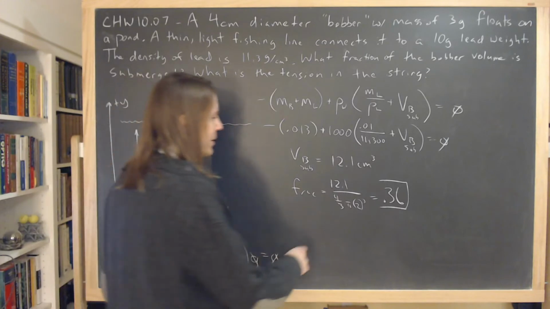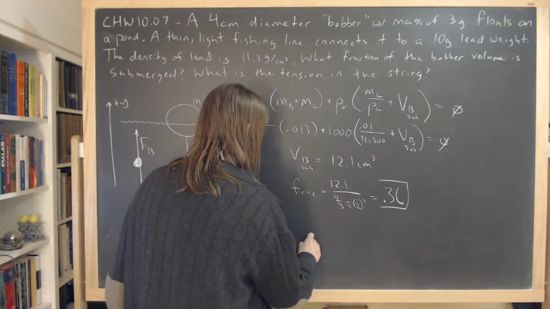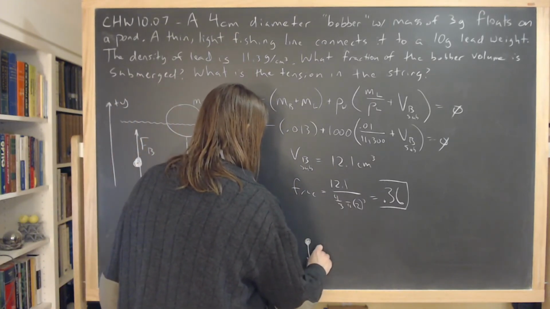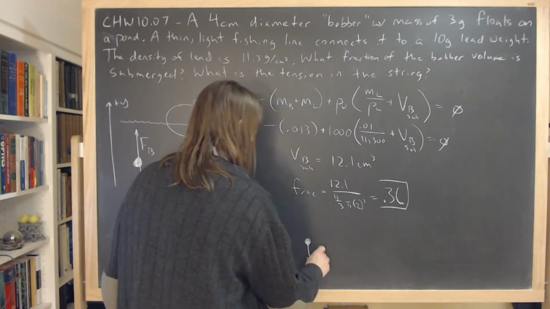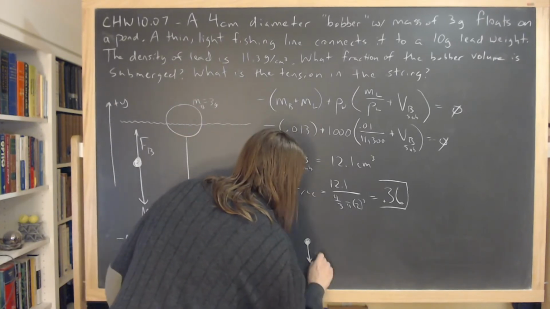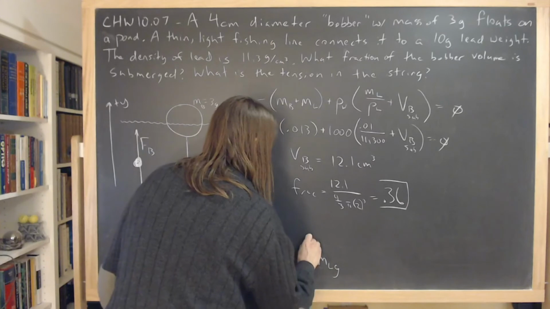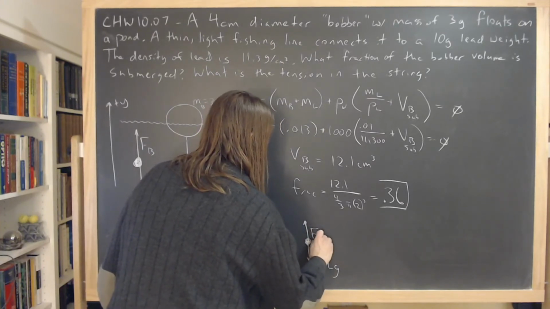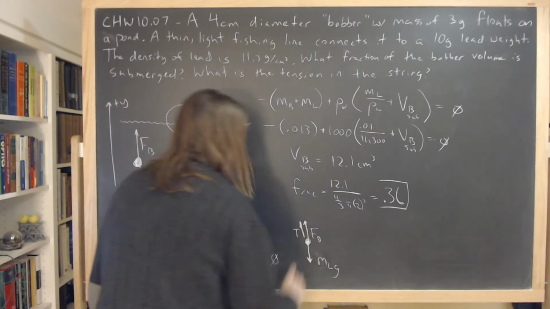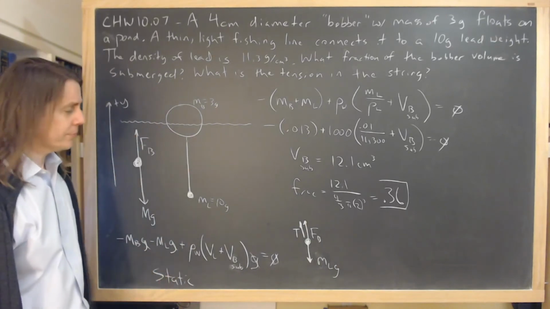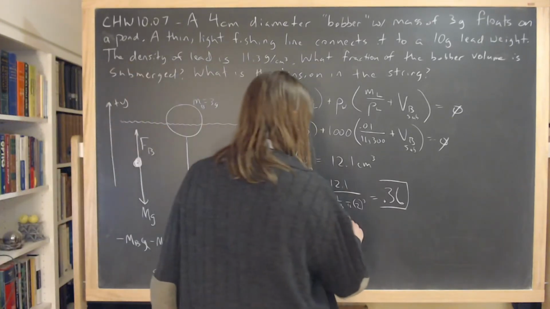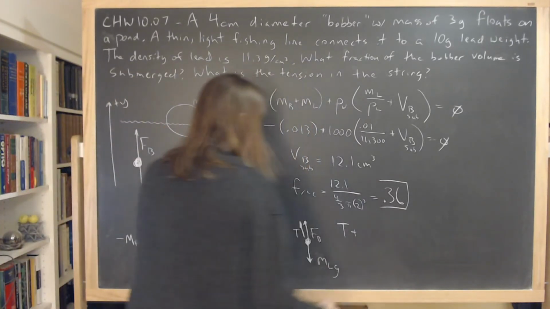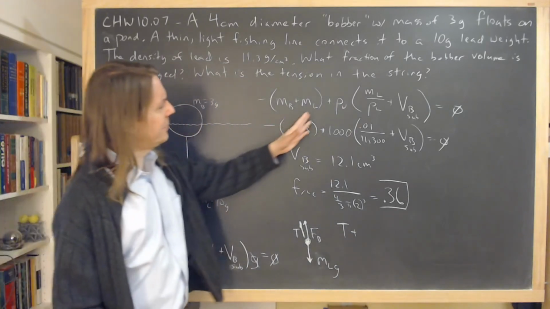So to get the tension, we just say here it is the weight, and here is its mg, the mass of the lead times g. Here is just its buoyant force, and the tension is pulling it up. Right? So we say the tension we're looking for plus its buoyant force, which we kind of already figured out.